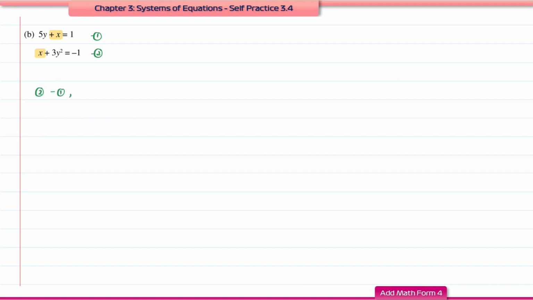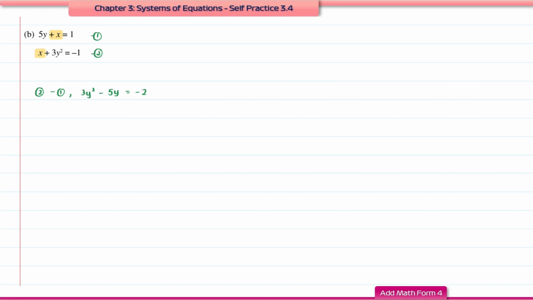So x minus this positive x is equal to 0, so 3y squared minus nothing, you're still going to get 3y squared. And then we're going to minus this 5y, so it's going to be negative 5y here. And negative 1 minus the 1, you're going to have negative 2.